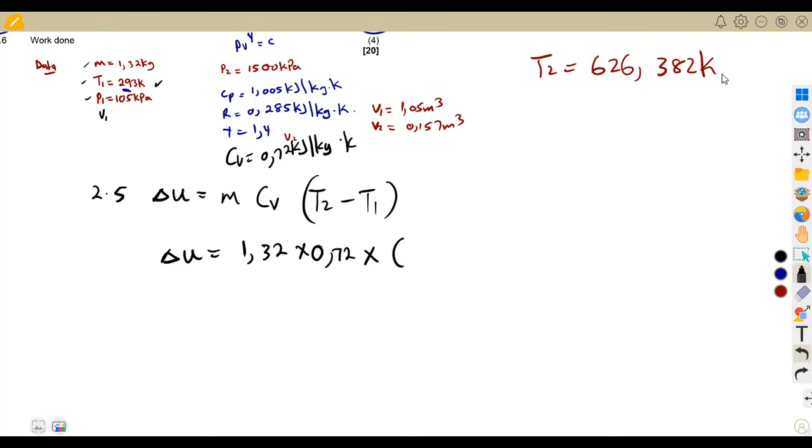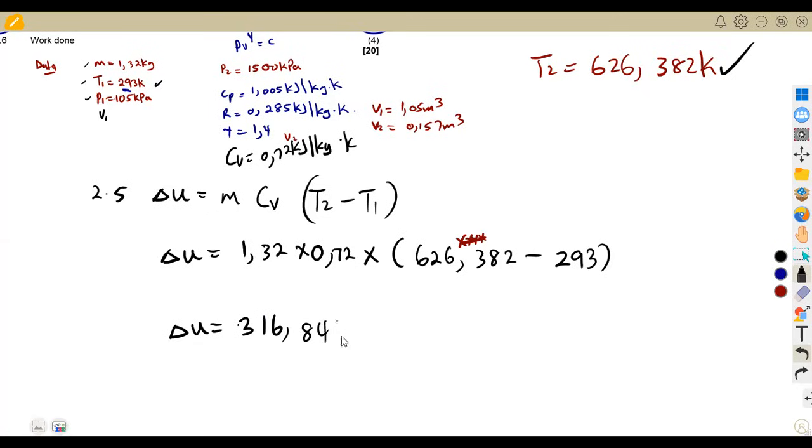Remember, for T2 we use the one that you calculated. Me, I'm going to use 626.382 minus T1, which is 293. So here you use your own value, the one that you calculated, as it is, all right? If I use this value, I obtain my change in internal energy as 316.846, and this is in kilojoules.